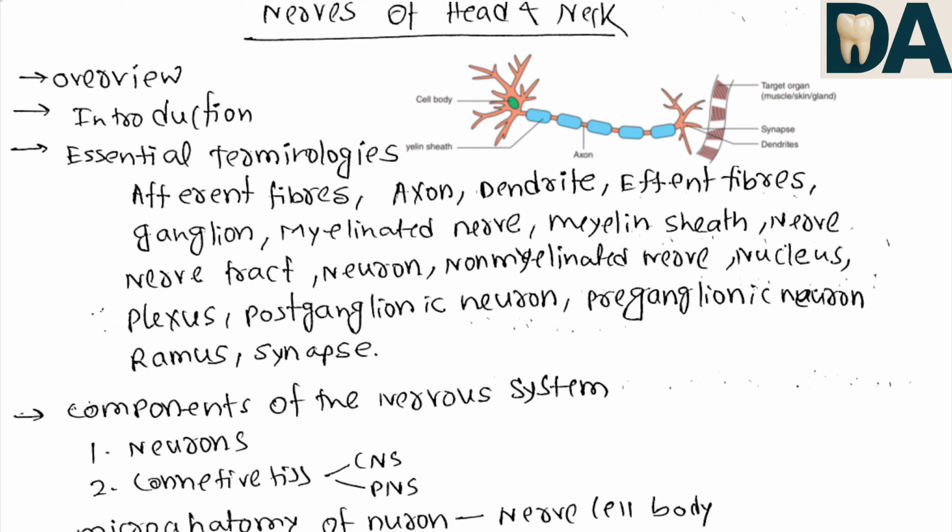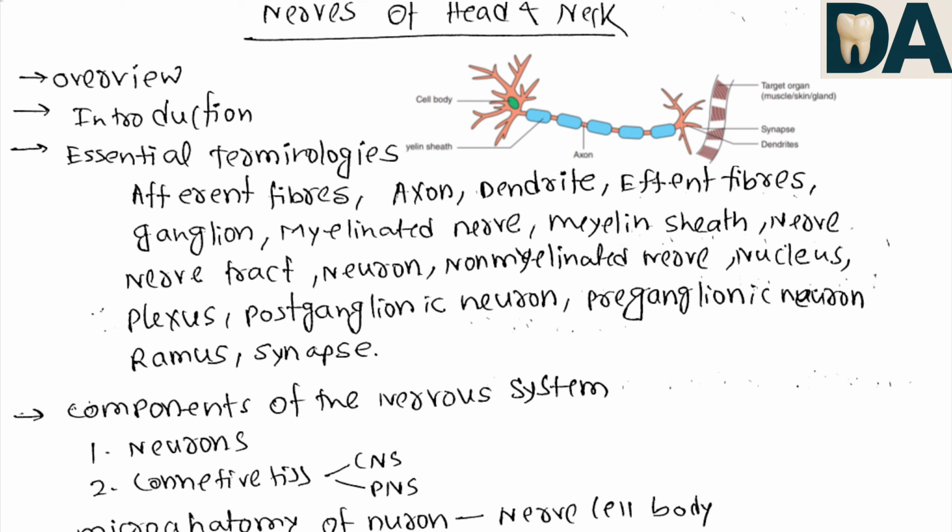Post-ganglionic neuron. A neuron whose cell body lies in the autonomic ganglia and whose axon terminates in the target organ. Preganglionic neuron. A neuron whose cell body lies in the central nervous system and whose axon terminates in a peripheral ganglion by synapsing with another nerve cell located in the same ganglion.